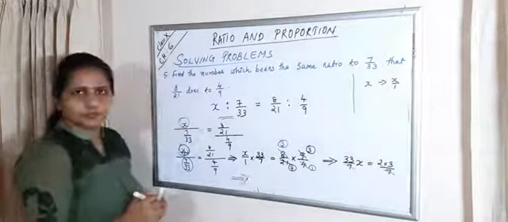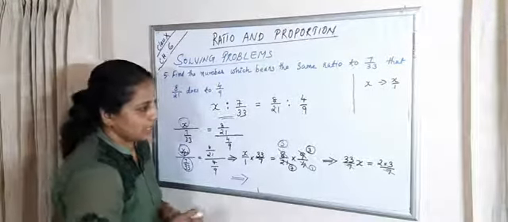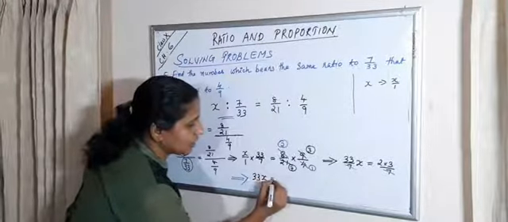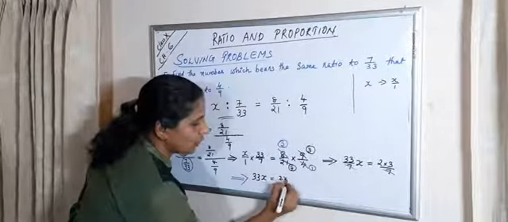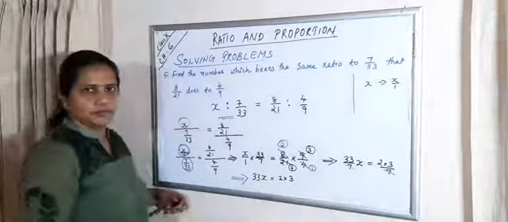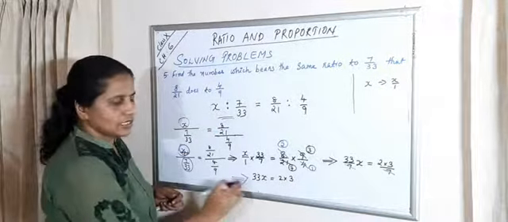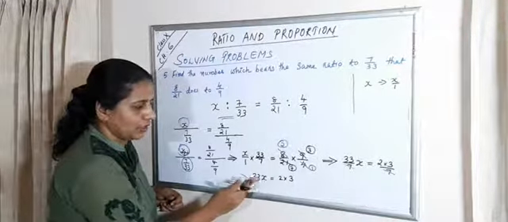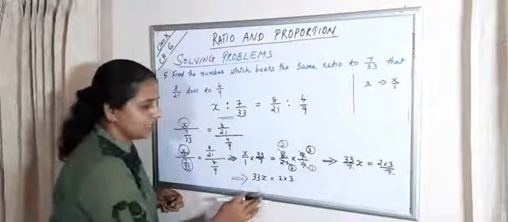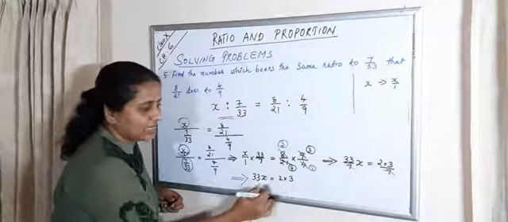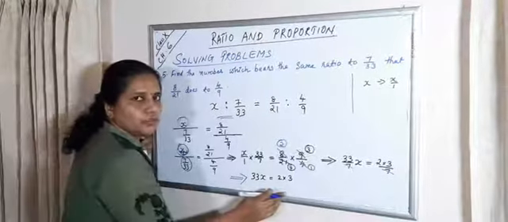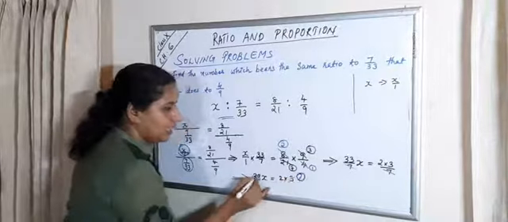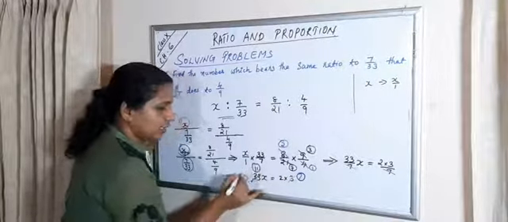So 33x is equal to 2 into 3. Again there is no addition or subtraction sign between them, so we can cancel. Cancelling 3: 1, 3, 3, 11, 3, 33.